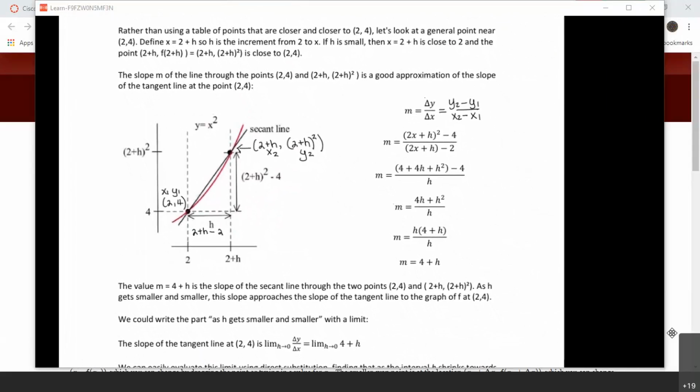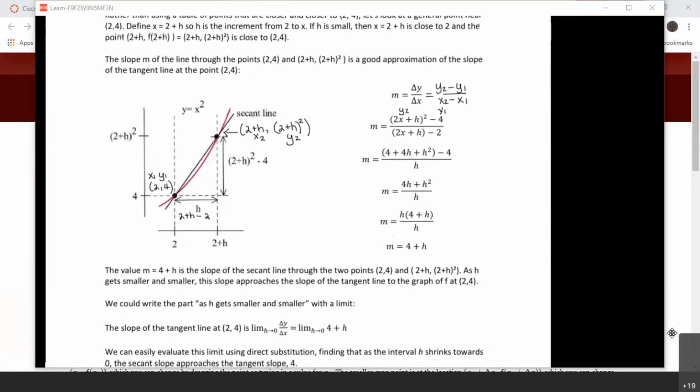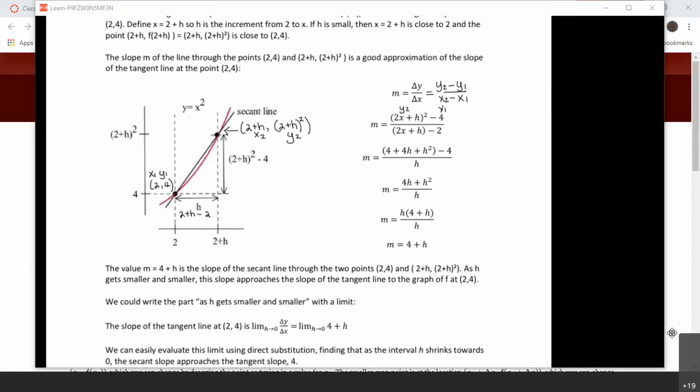Here's my y2 value, here's my y1 value from that point over there, here's my x2 value, here's my x1 value. That's just the stuff going into the slope formula. This is the plain vanilla slope formula. This isn't anything weird, and we haven't done any calculus yet.